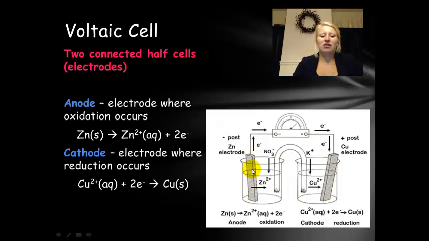The cathode is where the reduction occurs. Because copper ions are gaining electrons to become copper, this is the cathode where reduction occurs. You can remember this by the acronym RED CAT. Reduction is at the cathode, which means that the anode is oxidation.